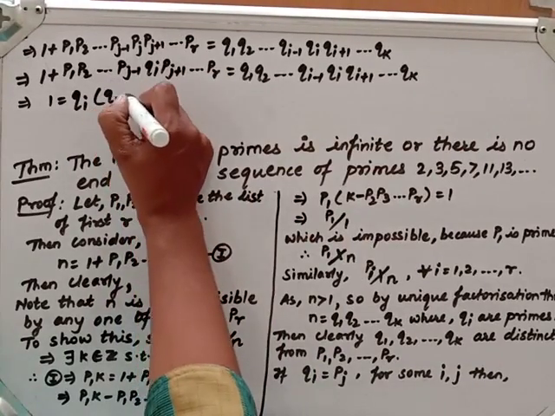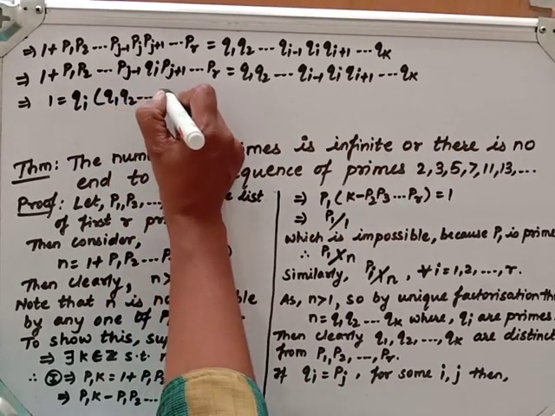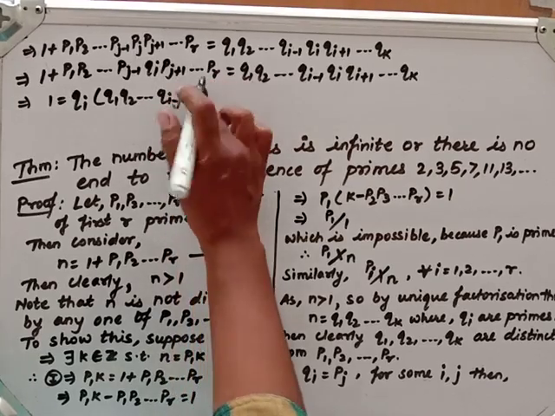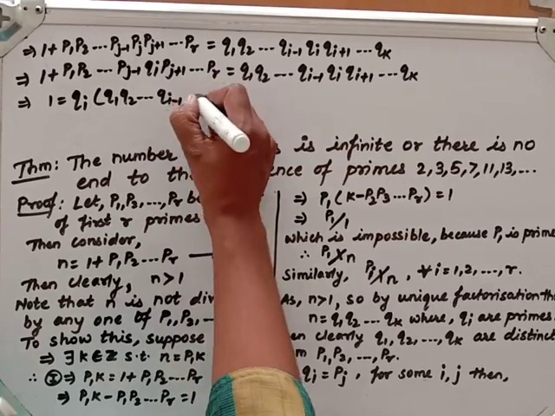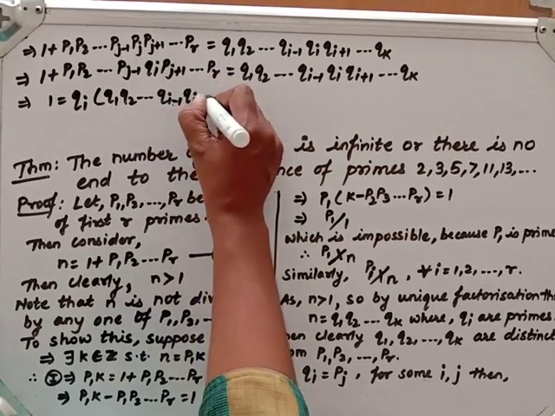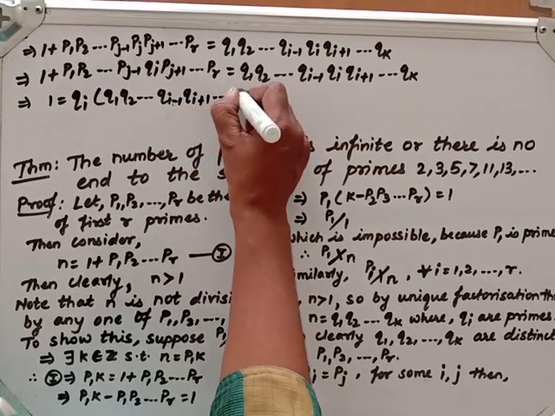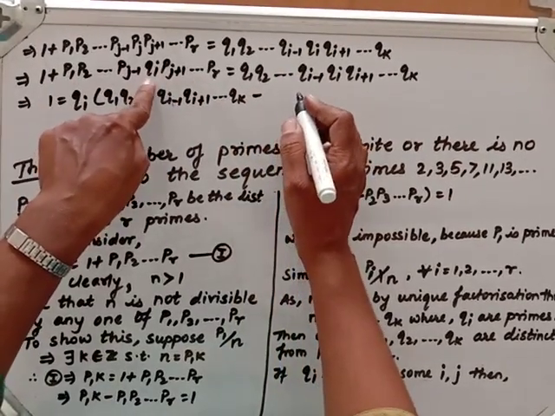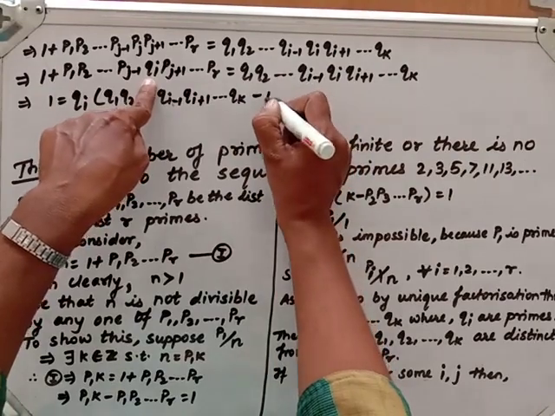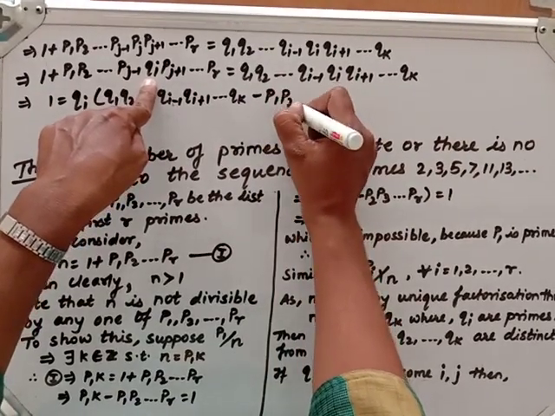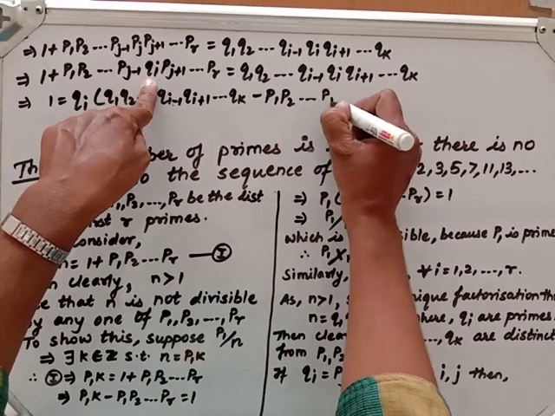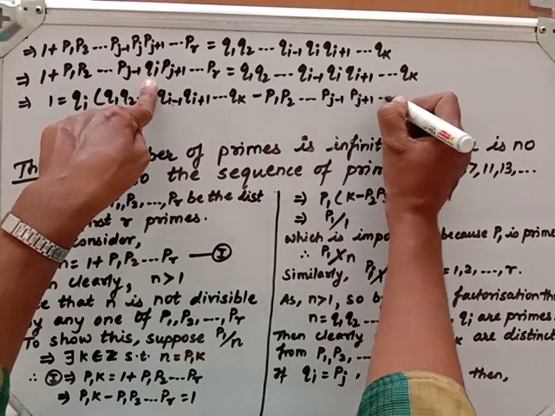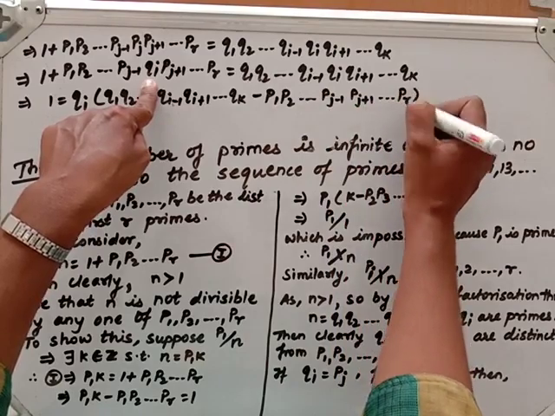Here q1, q2, so on up to qi minus 1, again qi plus 1, so on up to qk, minus these ones, but except qi, as we have taken that one common, P1, P2, so on up to Pj minus 1, Pj plus 1, so on up to Pr. It will be as such.